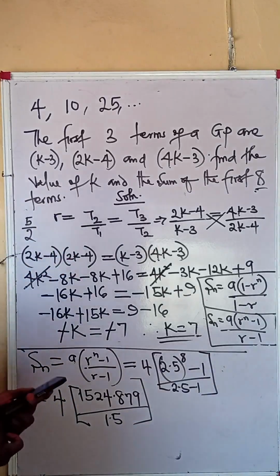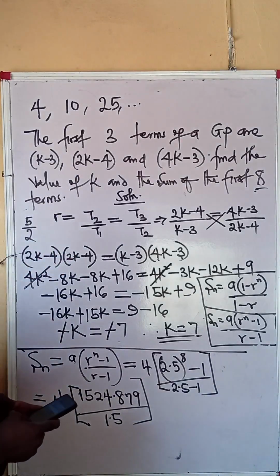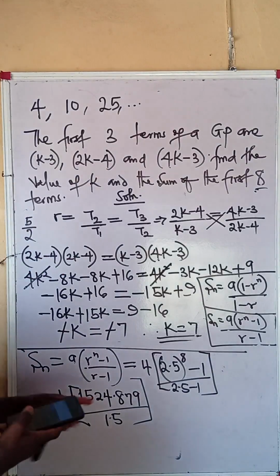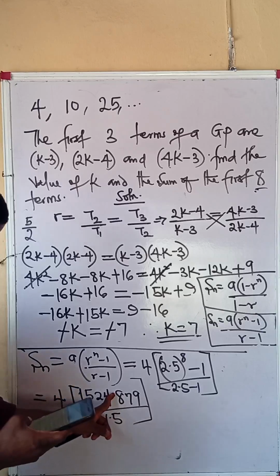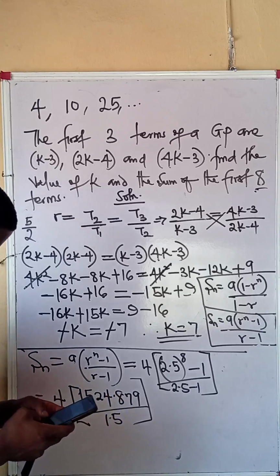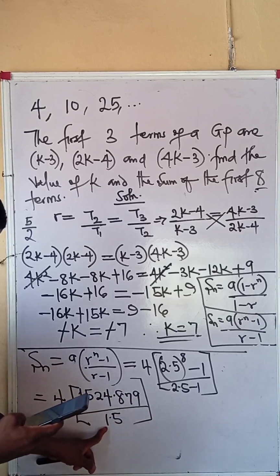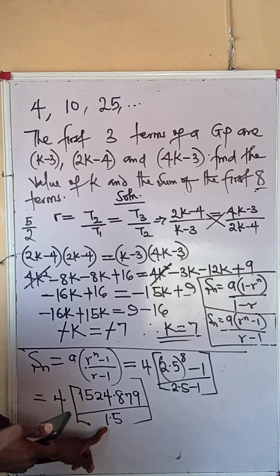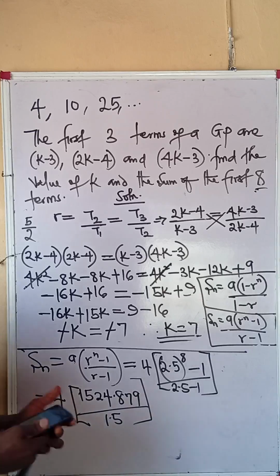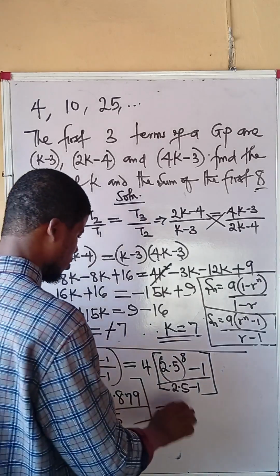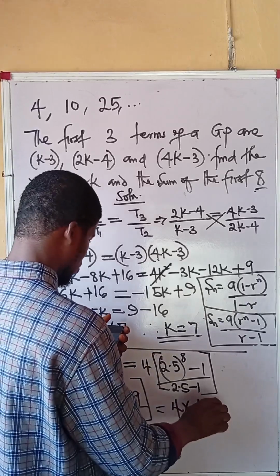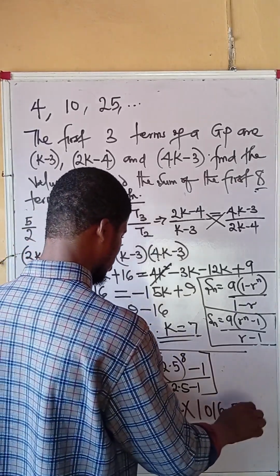So I'll do this now. 1524.879 divided by 1.5 gives me 1016.586. So I'll be having 4 times 1016.586.